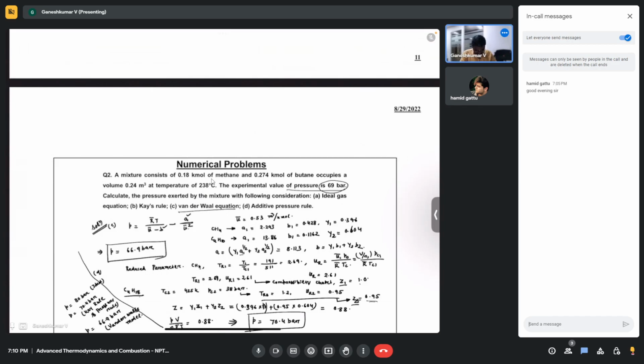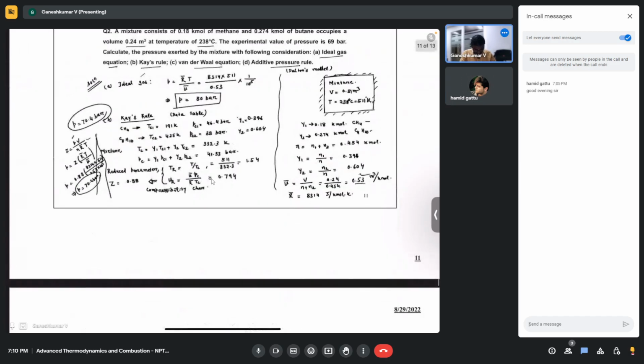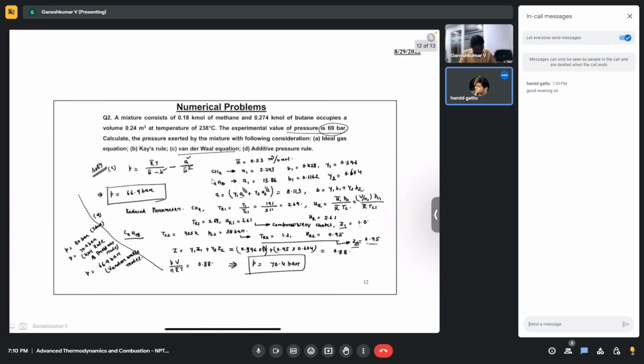So V, let's say, what is V? 0.24 divided by N1, which is 0.18, into PC1. So we can take it as 4640 kilopascal, divided by R bar, which should be 8314, multiplied by TC1, 191.1.